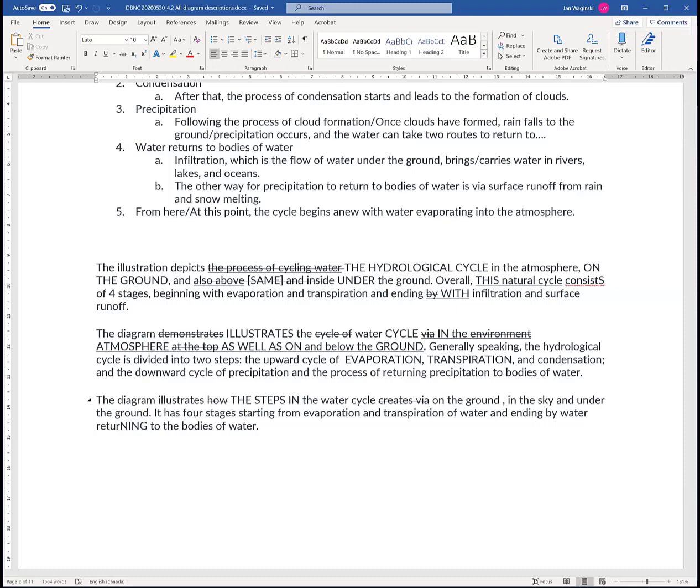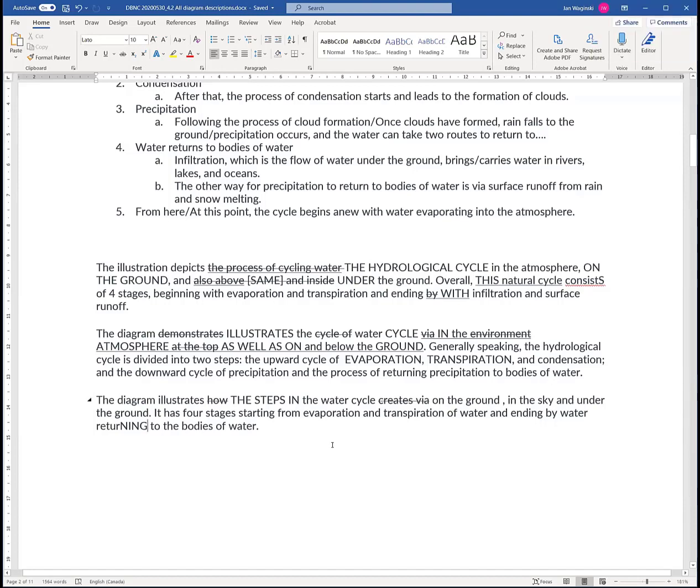The word steps is always followed by a preposition: steps in, or maybe you can say steps of. Both are fine. These are the 4 steps of this process, the 4 steps in this process. In is probably much more common.